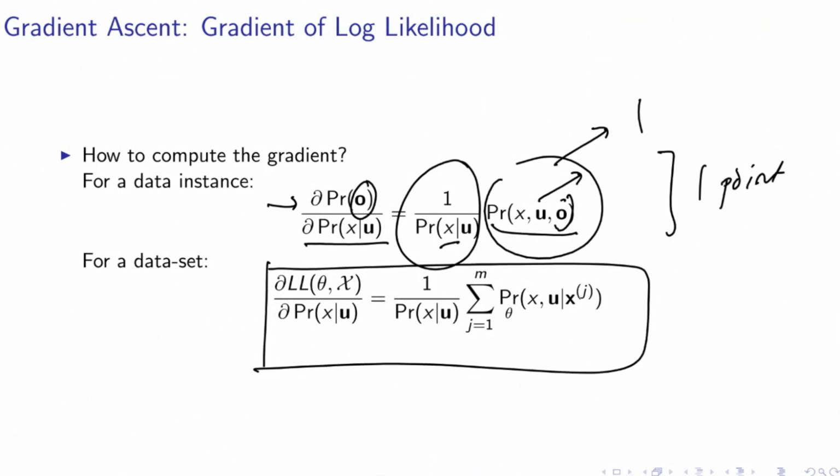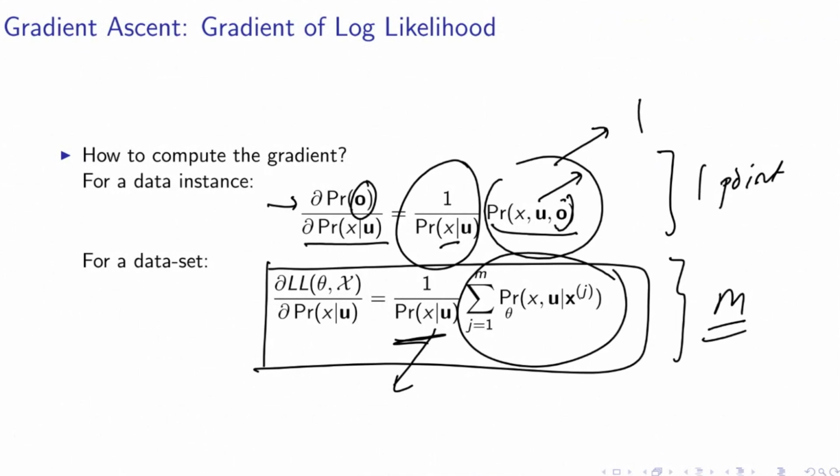This is just for one example. If you have a data set with multiple points, let's say m examples, then the derivative is given by 1 divided by probability of x given u, remember x given u is our parameter, times the sum over all the examples of the joint probability of x and u given the data point.